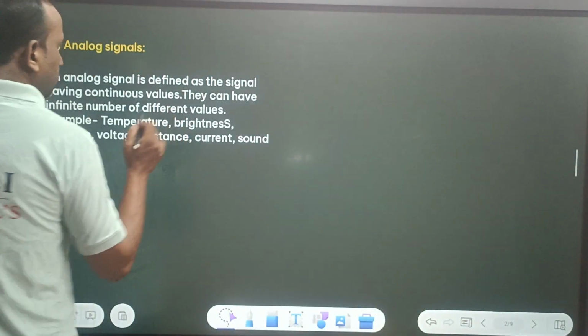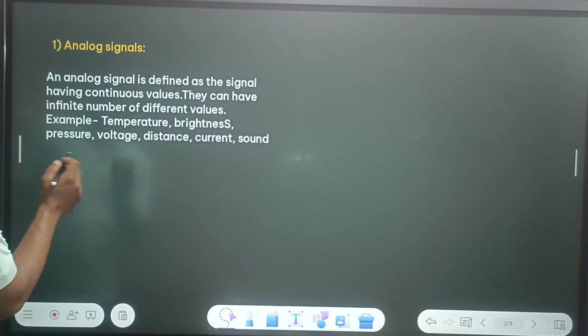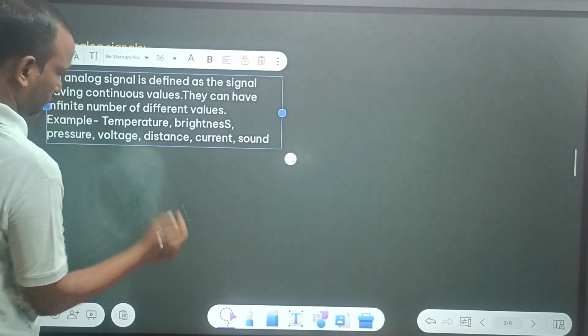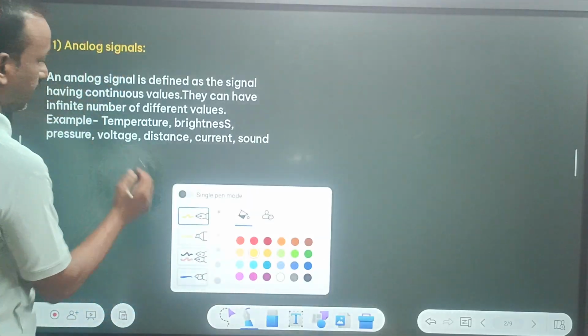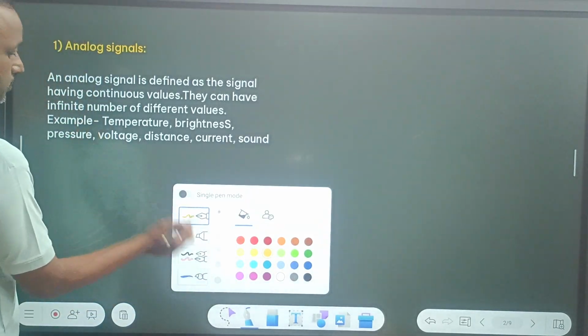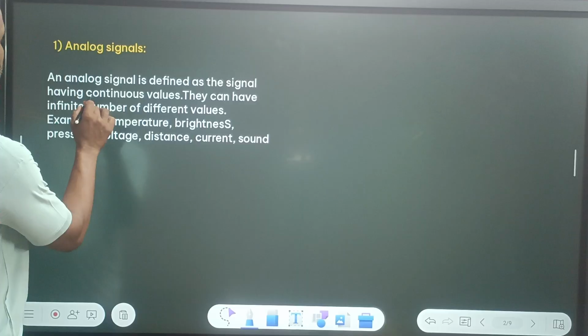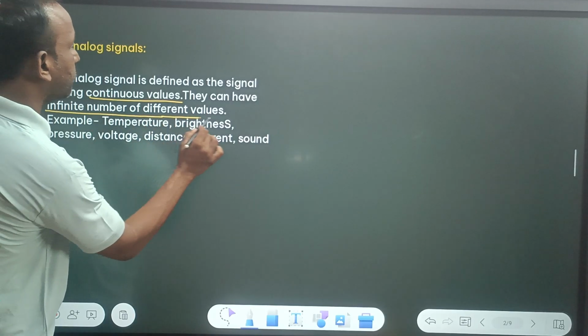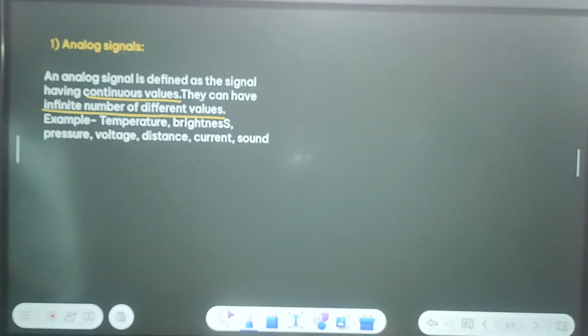Now we are interested in these 2 points. Analog signals have continuous values and they have infinite number of different or distinct values.